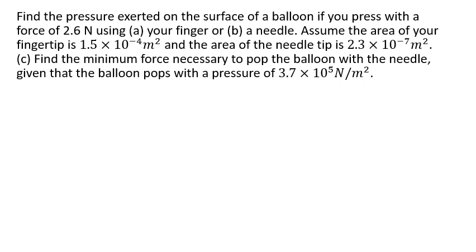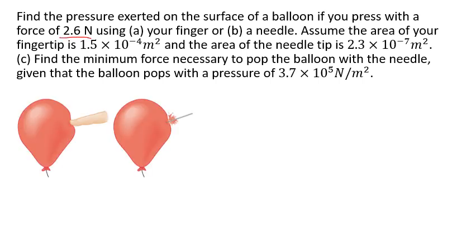Okay, in the first part we have to calculate, if you apply 2.6 newtons of force with a finger, what is the pressure created by your finger? So you can use the pressure equation. The pressure is given by the force divided by area.